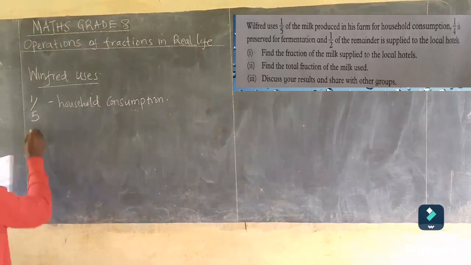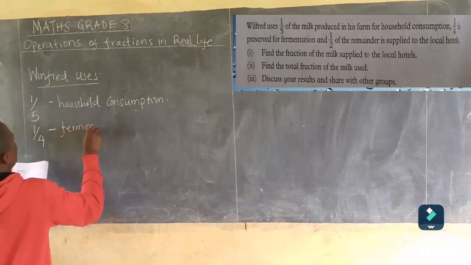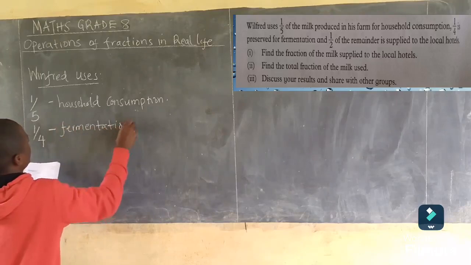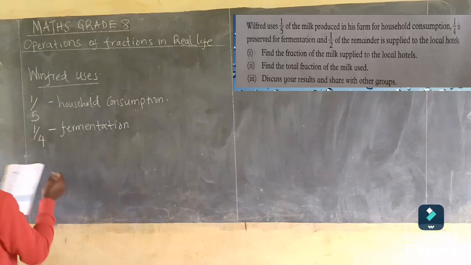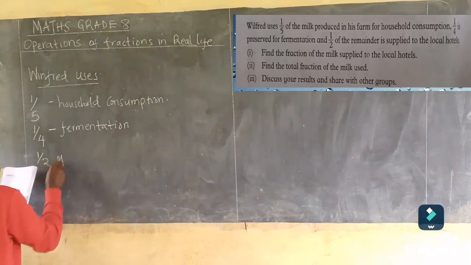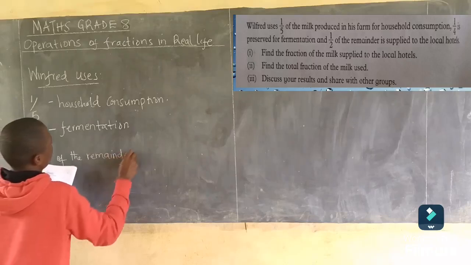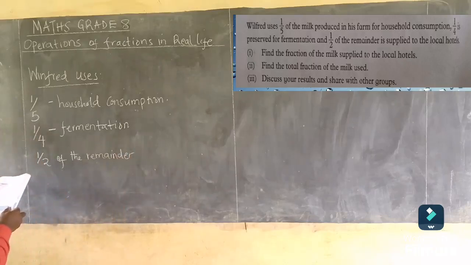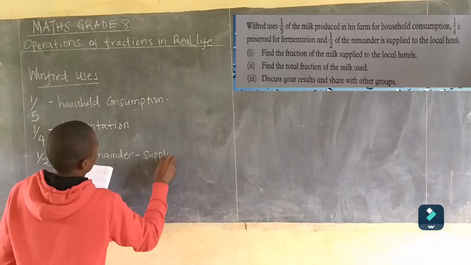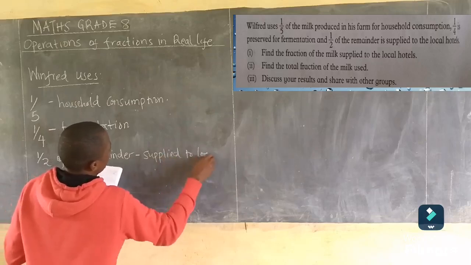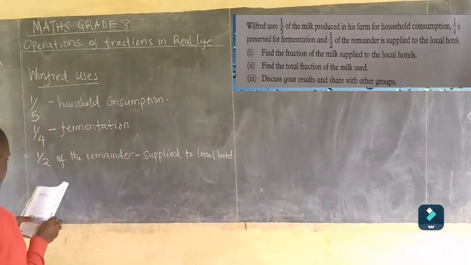A quarter is preserved for fermentation. And half of the remainder is supplied to the local hotels.